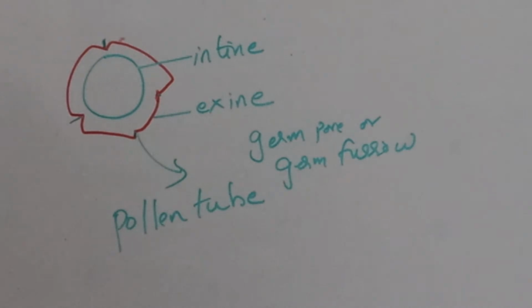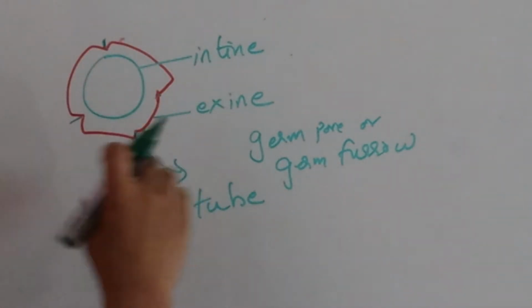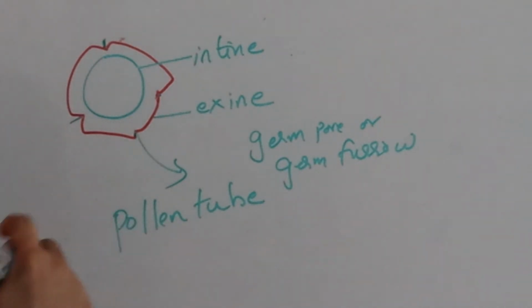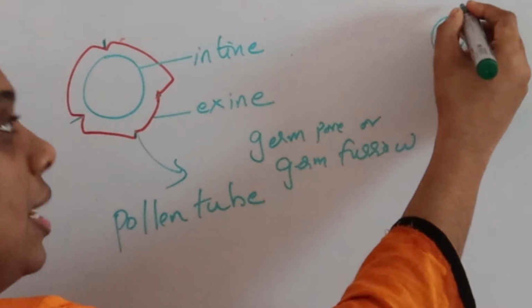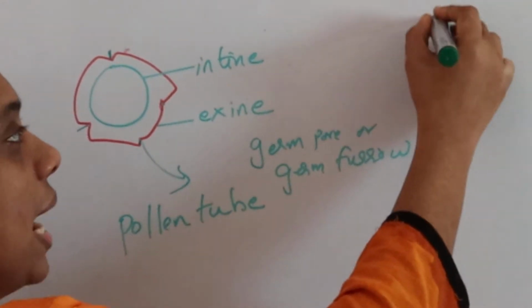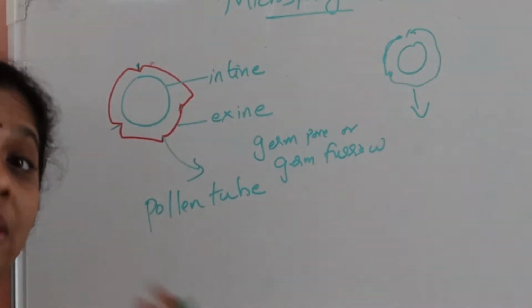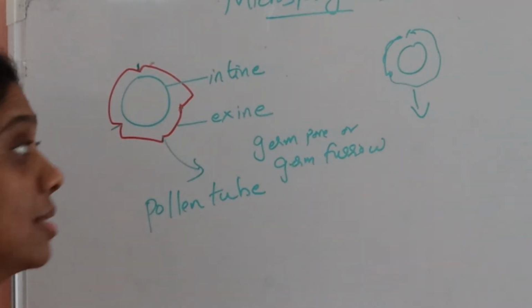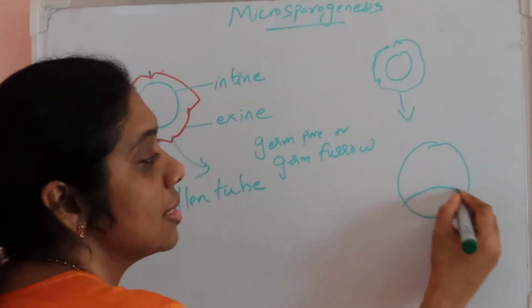What happens is that this microspore pollen grain will undergo mitotic division, that is cytokinesis and karyokinesis. The cell will divide into two daughter cells.